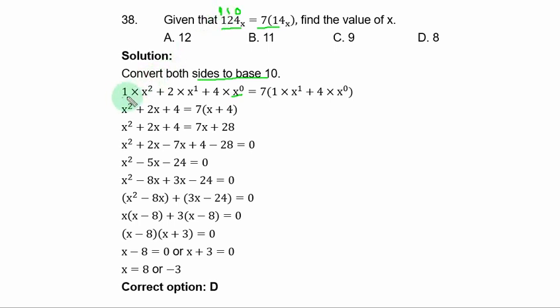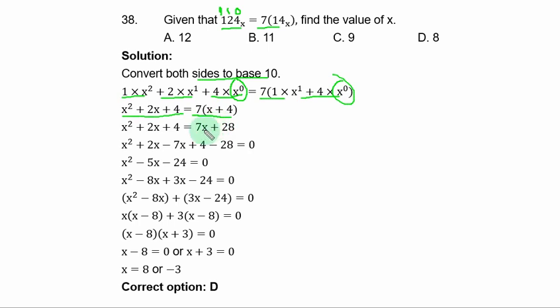So you have 1 times S, the power is 2. You have S squared plus 2 times S power 1 plus 4 times S power 0 equal to 7 bracket open 1 times S power 1. For 1, the position is 1 and 4 is 0 plus 4 times S power 0. This term is 1. This term is also 1. For that, you have S squared plus 2S plus 4 equal to 7 bracket open S plus 4.